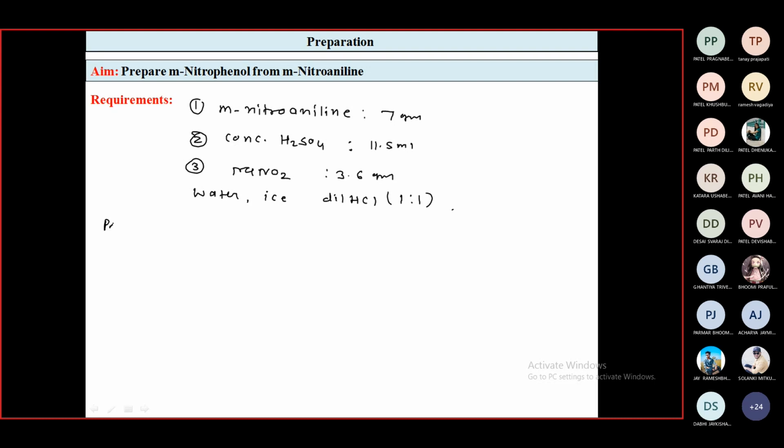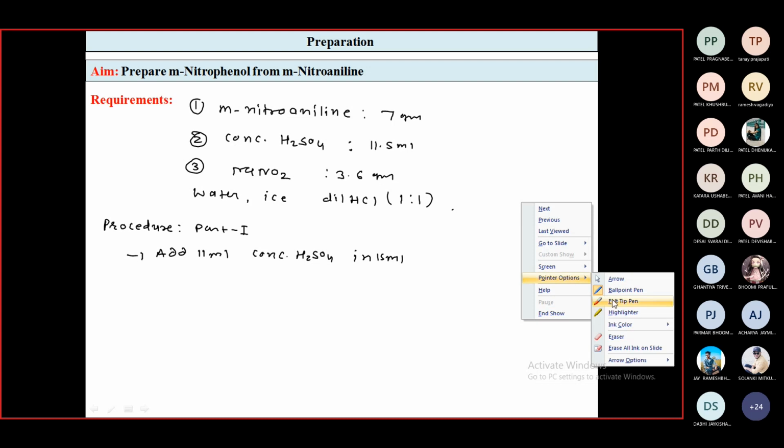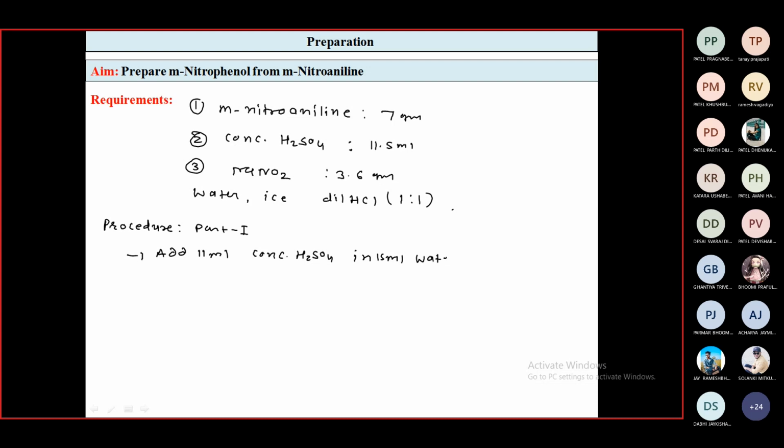Now procedure is there in C2 part. Part 1 is nothing but you add 11 ml concentrated H2SO4 in 15 ml water in a 250 ml beaker.